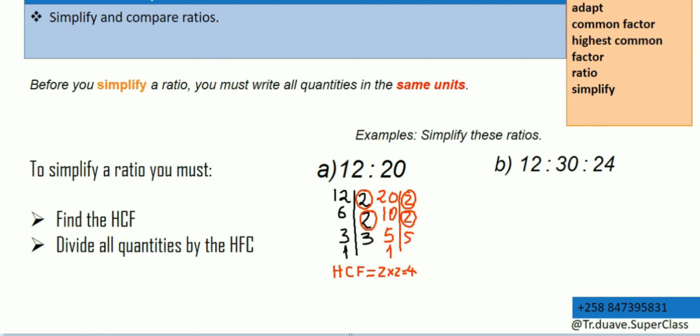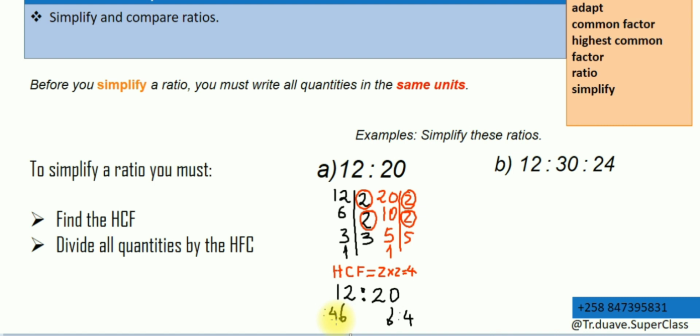Now we write down the ratio, which is 12 to 20. And we divide each of the quantities by 4, which is the highest common factor.